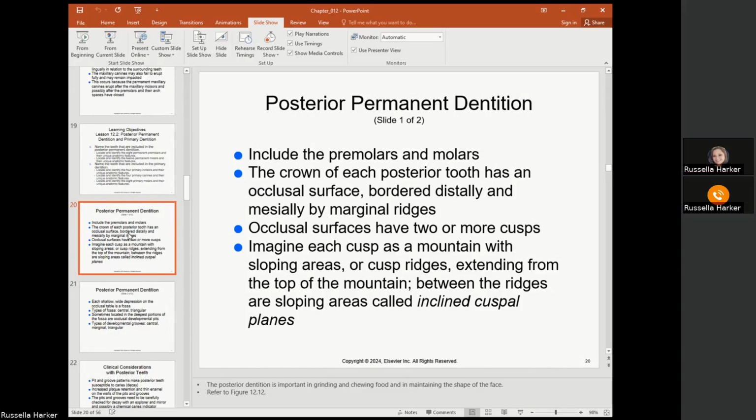If you imagine each cusp as a mountain, with cusp ridges extending from the top of the mountain, between the ridges are sloping areas called inclined cuspal planes. The posterior dentition is important in grinding and chewing food and in maintaining the shape of the face.